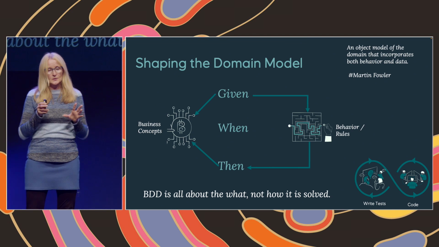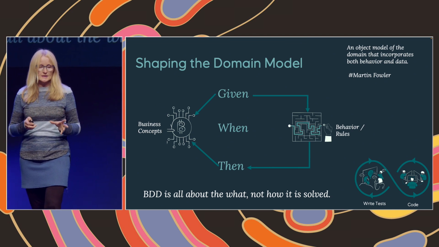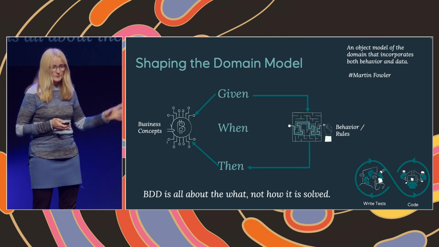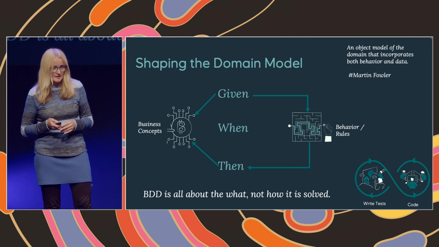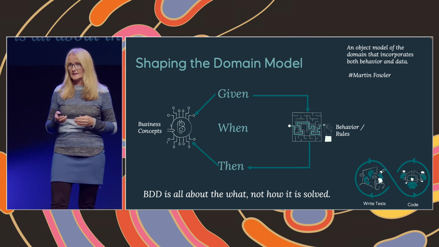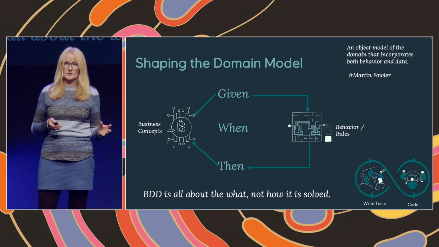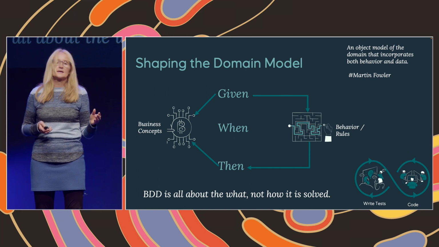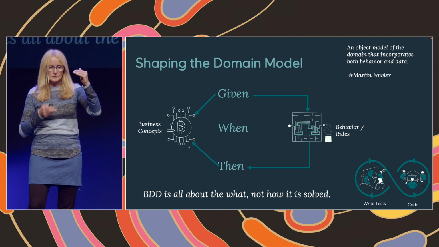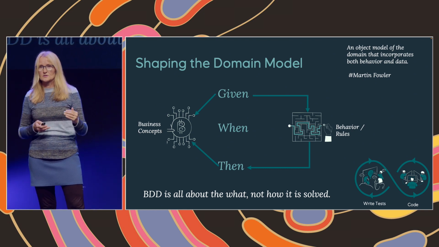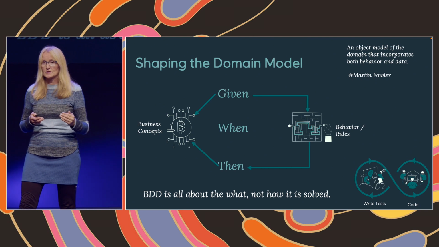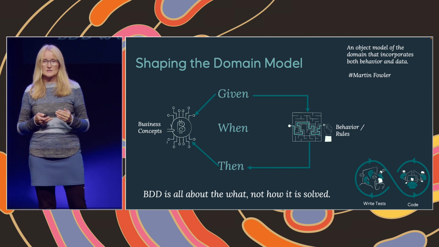So this is using the definition we started with, the one with behavior and data. I would say that the given and the then part is the one that actually gives me the business concepts. And then, in order to get from the given to the then, that is always described with concrete scenarios that show you the business rules.